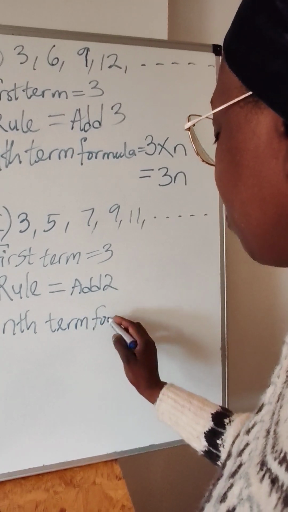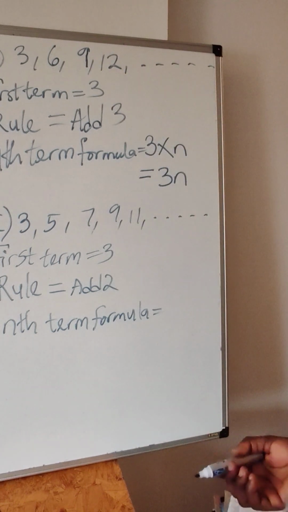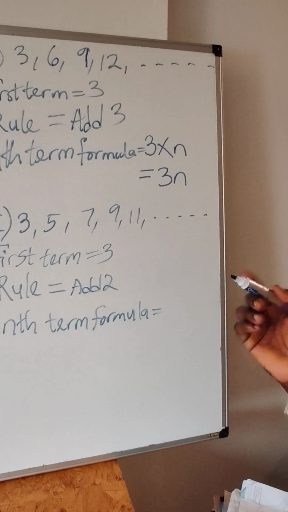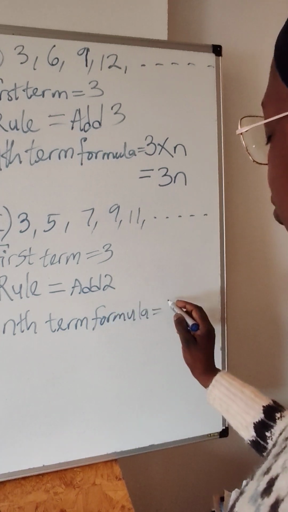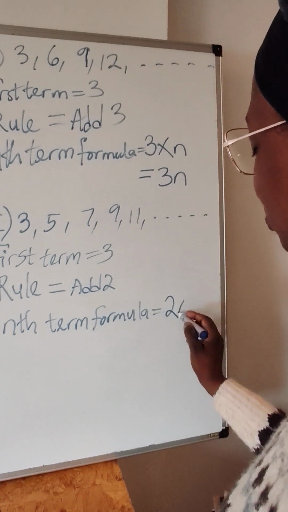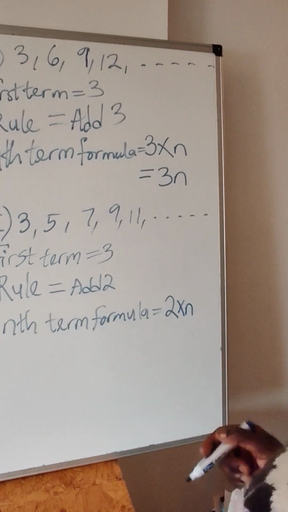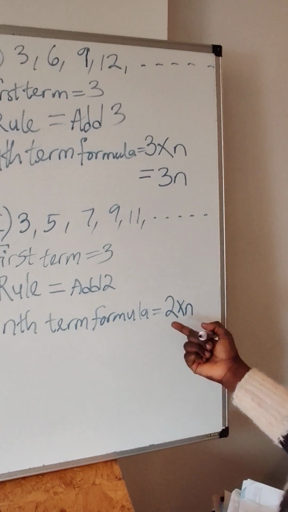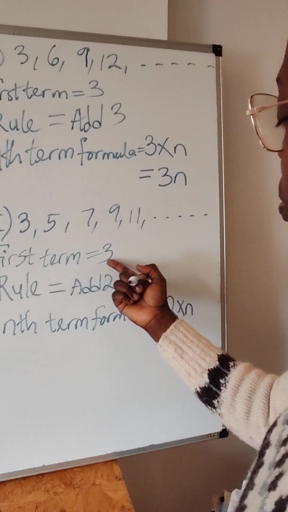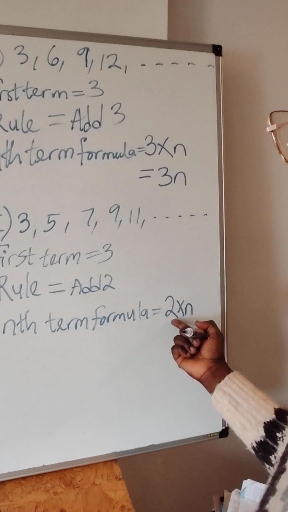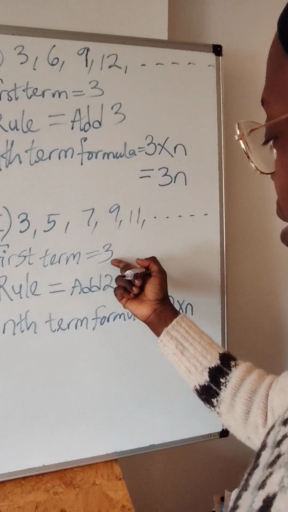So for the nth term formula for this sequence, we discover in this third sequence, the first term and the rule are not the same thing. So we're going to write the rule, which is 2, multiplied by small letter n. So when we compare 2 to the first term, what are we going to do to 2 to be able to get 3?